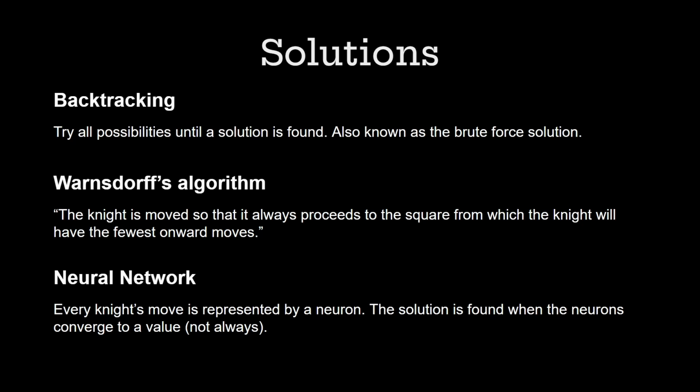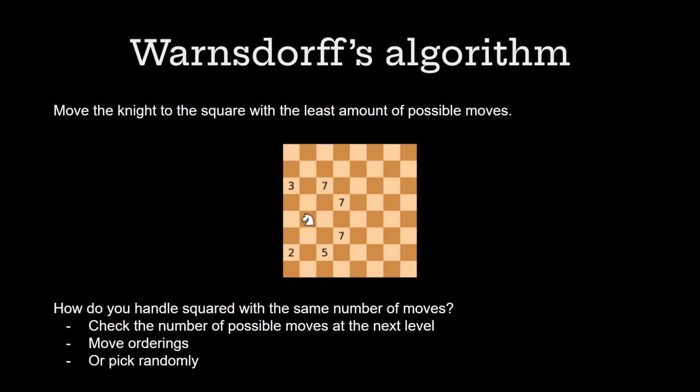Then, after training our neural network, the model will eventually find a solution. However, that's not always the case. If the values of those neurons do not converge to a specific value, then that model will not find the optimal solution.